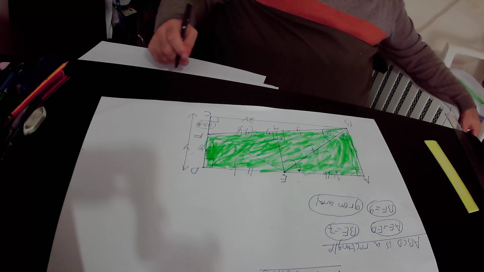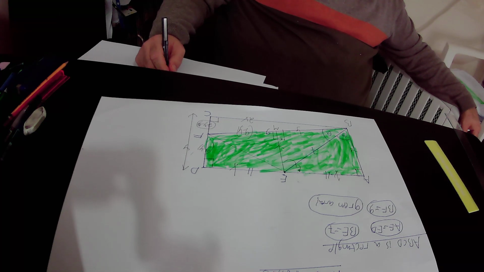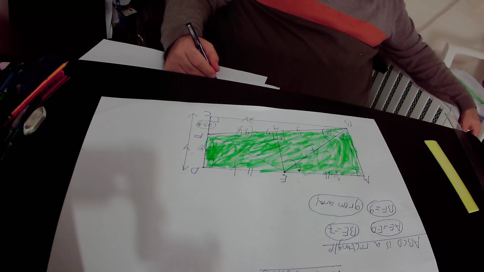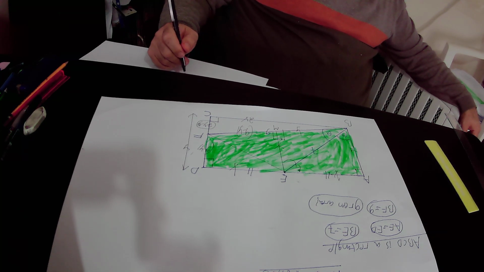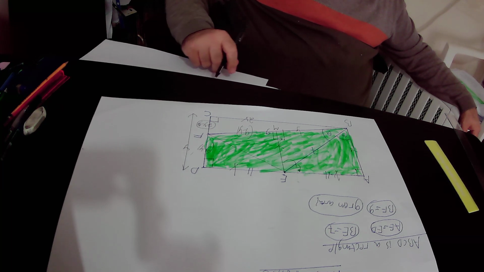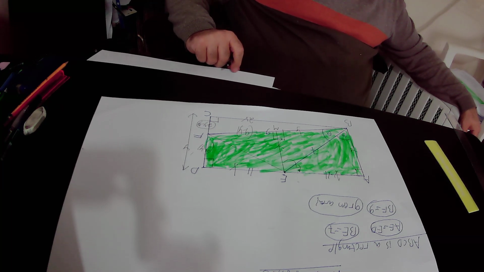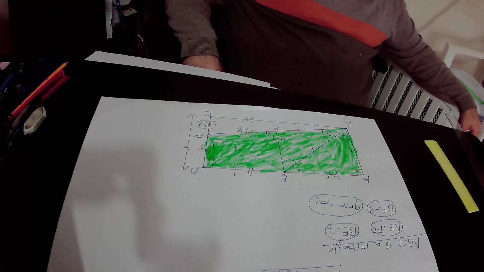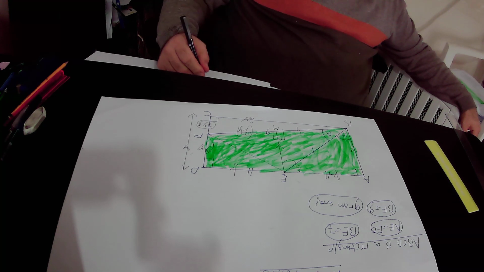Here y minus y is 0, so we are left with 9 over 2 times 2x, which is 9x. So the area of the green shape is equal to 9x.